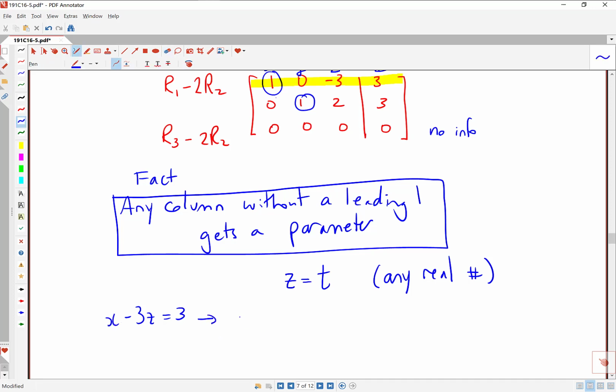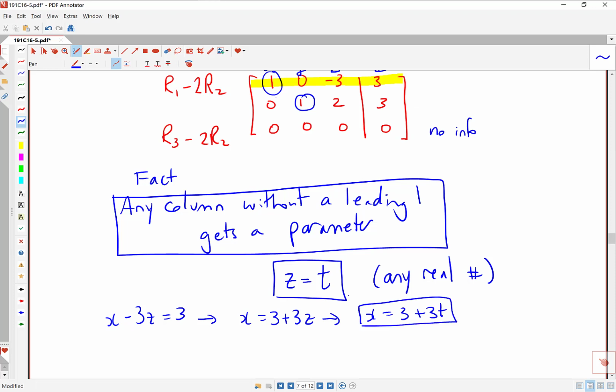Let's solve for x. So x equals 3 plus 3z. Then let's use the fact that we're saying z equals t to write x equals 3 plus 3t. So whatever the value of z is, x is going to be 3 times that plus 3. That's what we've figured out so far.